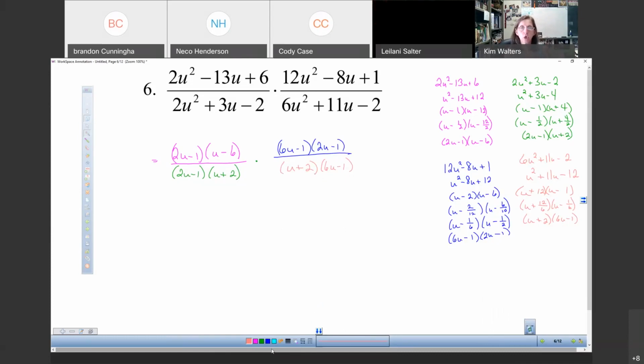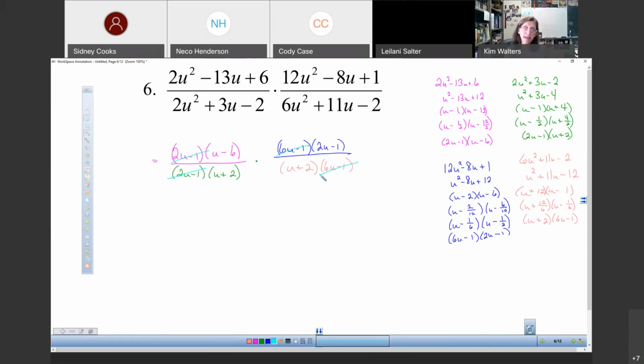One of the things I want you to pay attention to is sometimes things don't simplify. So I go through here, and 2u minus 1 simplifies. That's lovely. And 6u minus 1 simplifies. That's lovely. I have a u minus 6 and a 2u minus 1 in the numerator, and I have u plus 2 down here twice.